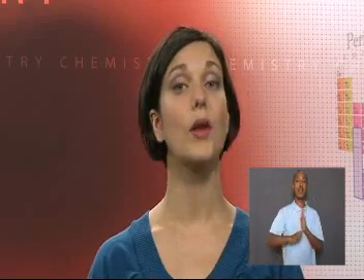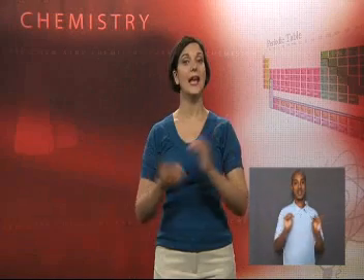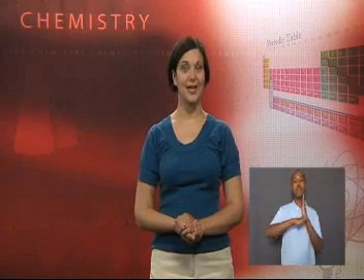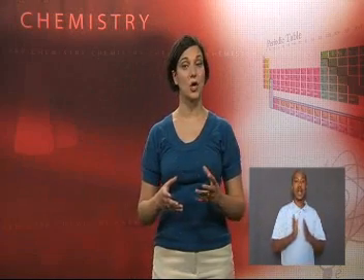It also represents the number of electrons an atom has when the atom is neutral. Electron configuration is the arrangement of electrons in an atom. A shell is an orbit filled by electrons.